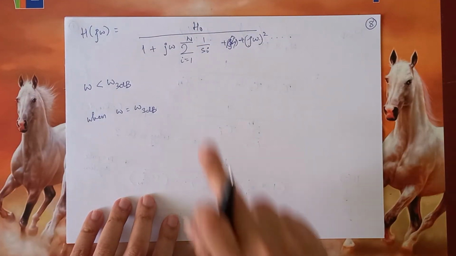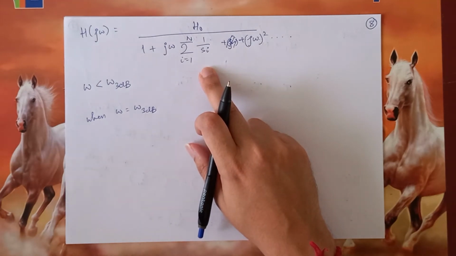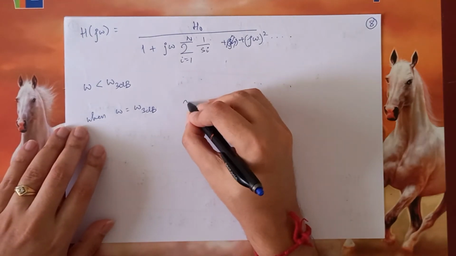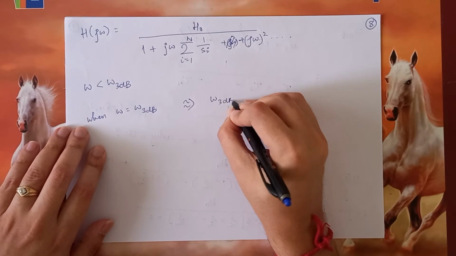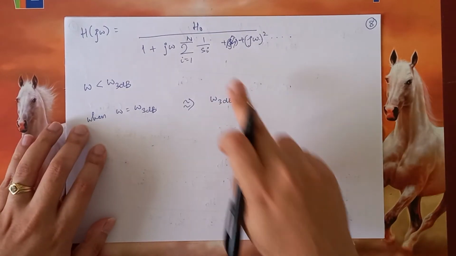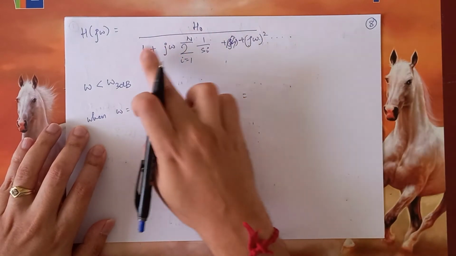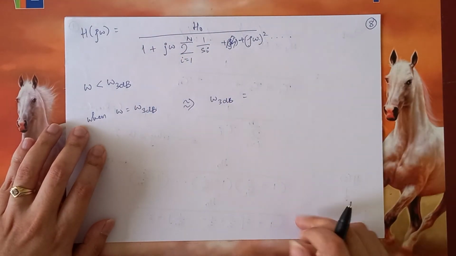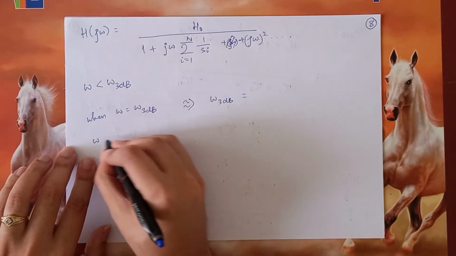So therefore what you can see is that roughly from here you can approximate that the omega 3 dB will actually be equal to this quantity. That is, if the two quantities are now equal, I should say it like this.